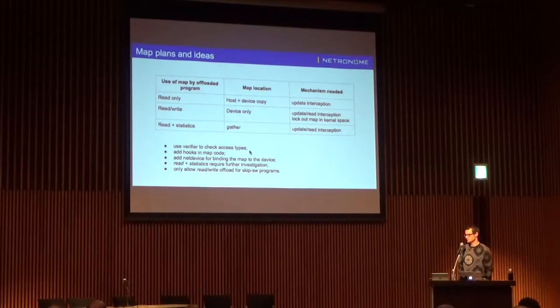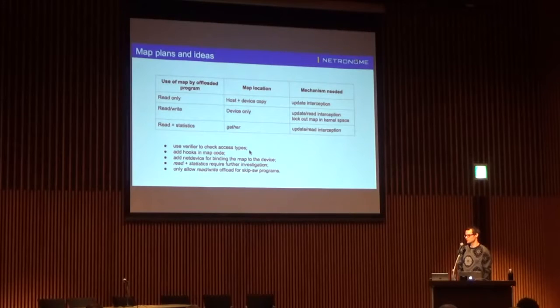And in this case, we will basically try to add to the map infrastructure a way of claiming ownership of the map, so that we can ensure that our offloaded program is the only program that is using the map, and then we can just place the map entirely in the device memory.